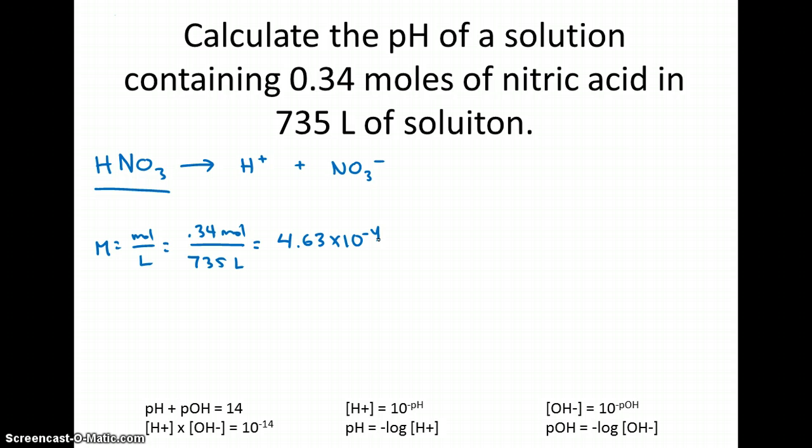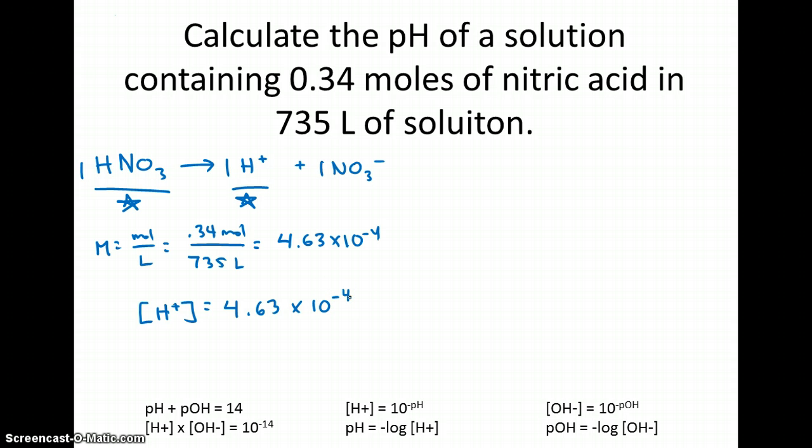Now that I have the concentration of the acid, I can also figure out the concentration of H plus. Because it's a 1:1 molar ratio, I know that the concentration of H plus is equal to 4.63 times 10 to the negative fourth.